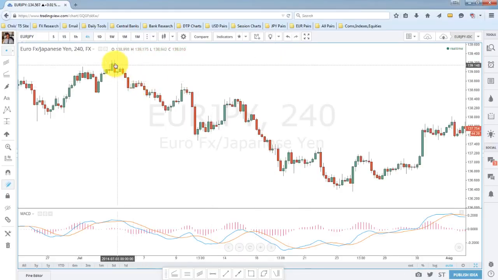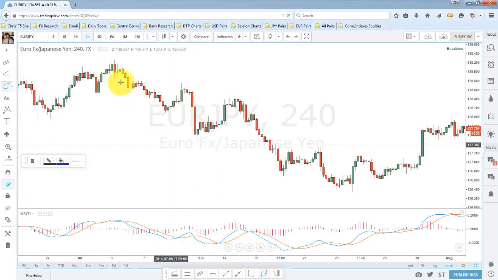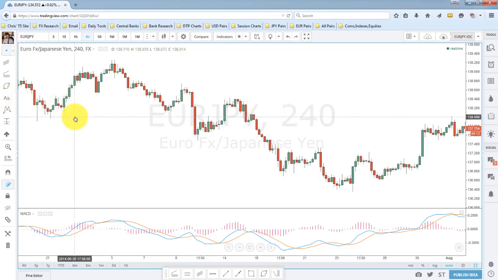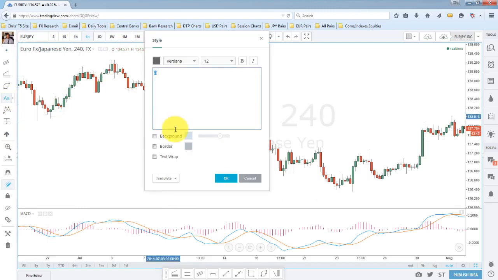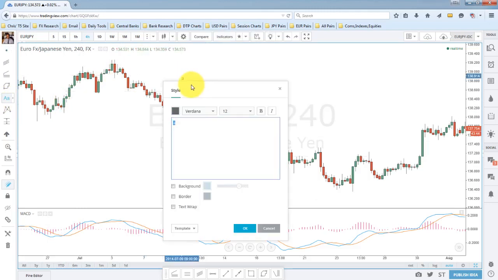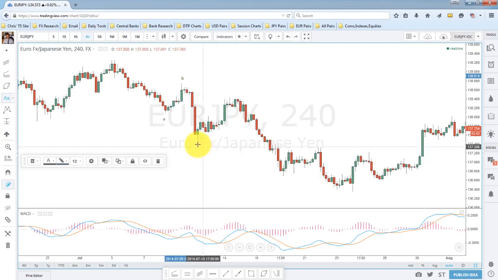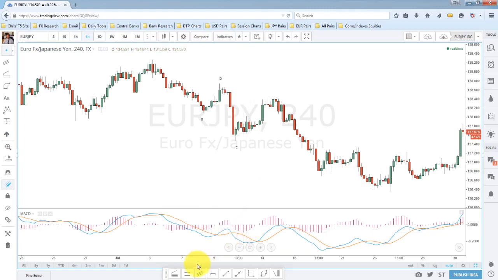Here we are looking at a simple A, B, C pattern. Right here, A, B, C. Let me mark this off. A, B, C. And that's how we would label this. Now, if we get our measurement tool, we can measure this out.